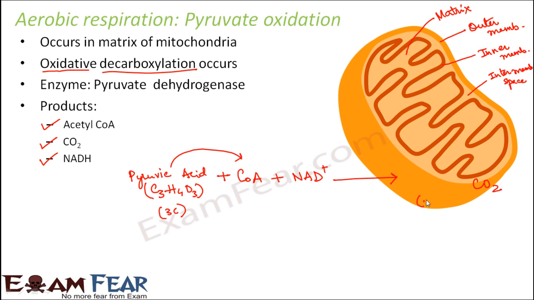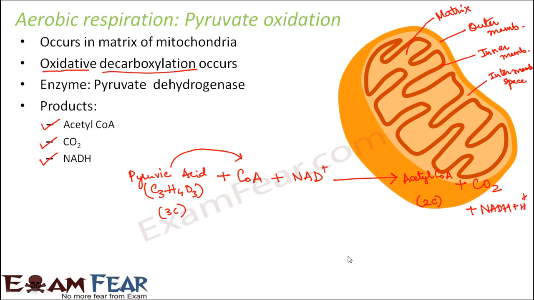So it is sure that now you will be left with a 2-carbon compound. So what is that 2-carbon compound? The remaining part of pyruvic acid will combine with coenzyme A to form acetyl coenzyme A, plus carbon dioxide, plus this NAD+ will take up the electrons to form NADH plus H+.